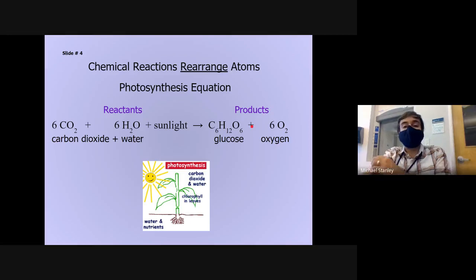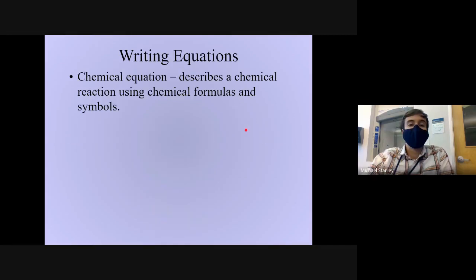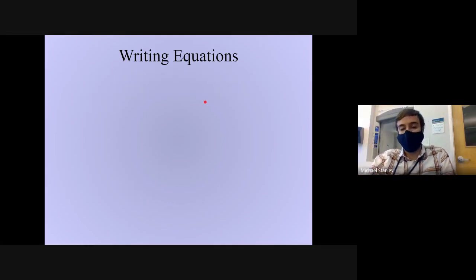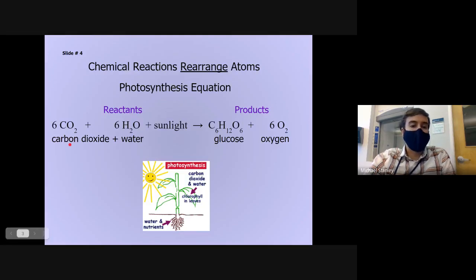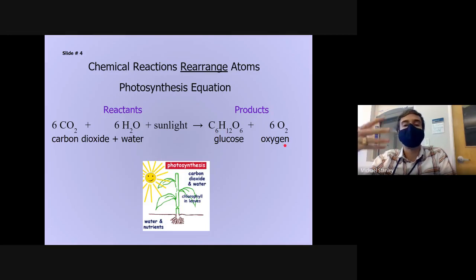But one other thing that scientists try to do when they're figuring out these chemical reactions is, just like you saw with that photosynthesis reaction, they like to write out the reaction as a chemical formula. So instead of writing out carbon dioxide plus water makes glucose plus oxygen, we like to know the exact atoms involved.